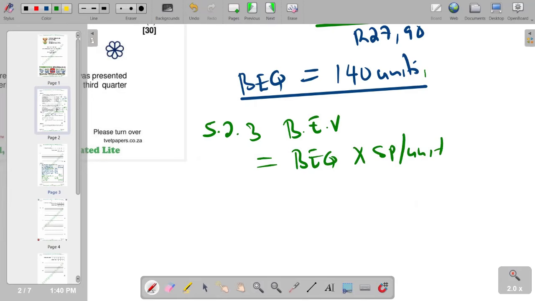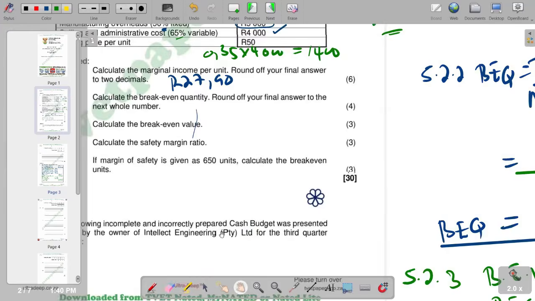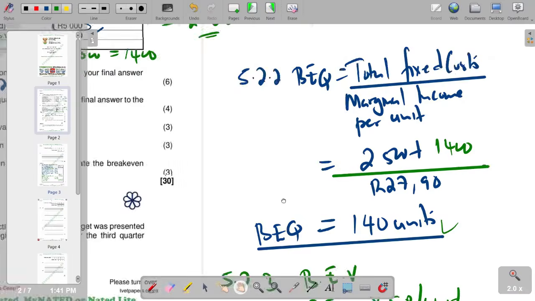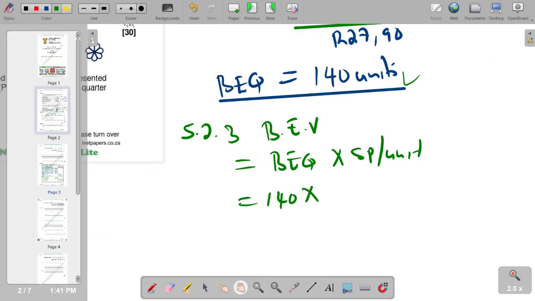Of which break-even quantity we calculated and got 140. Then we multiply by selling price per unit, which we are given as 50 rand. So you multiply by 50. We see that the answer is 7,000. So this becomes the break-even value.